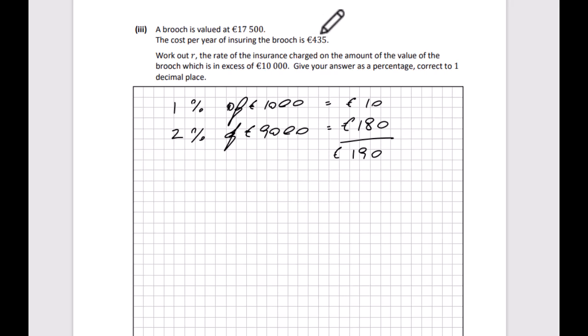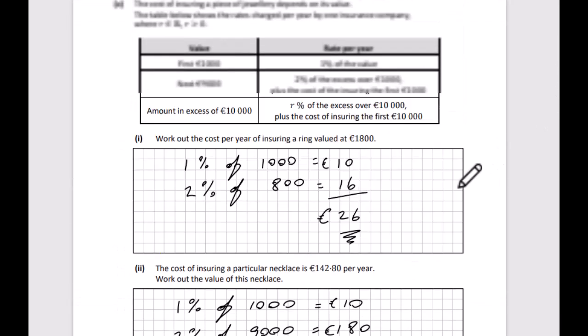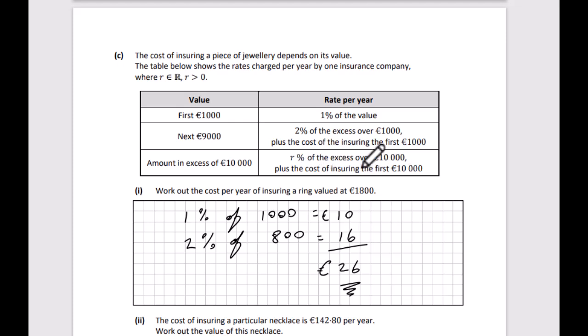It was €435. So they got R percent of a certain amount to give you the difference between these two. So if we take the 435, the total insurance amount, subtract the €190, that'll give you €245.